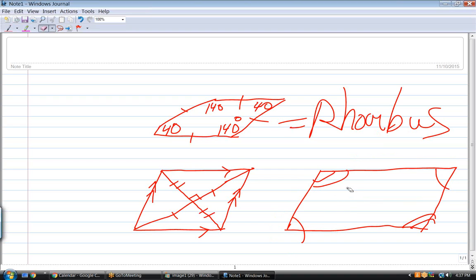The difference is that if I take my parallelogram that's not a rhombus, and I draw the diagonals, they're not perpendicular. They might bisect one another. I kind of think they do. I'm not real certain right off the get-go, but I believe they bisect one another, but they are not perpendicular.